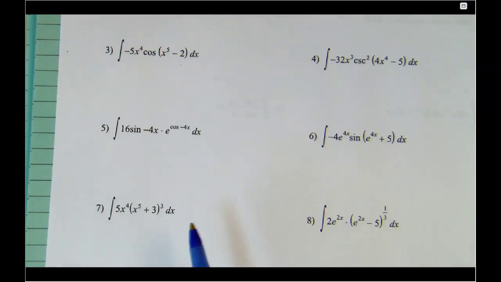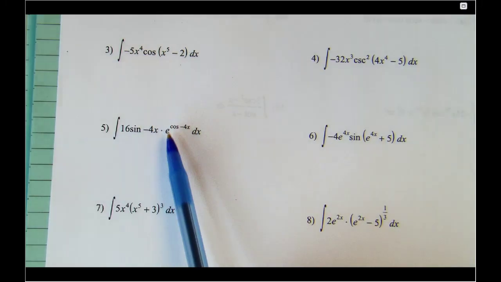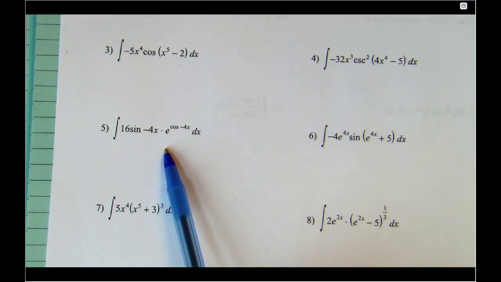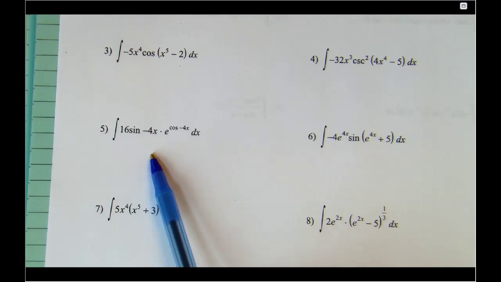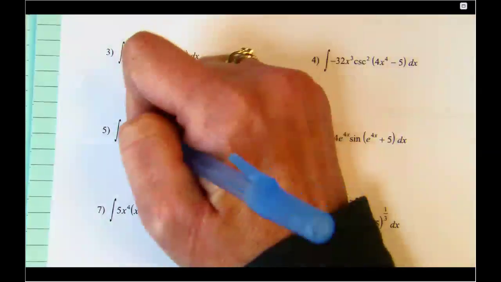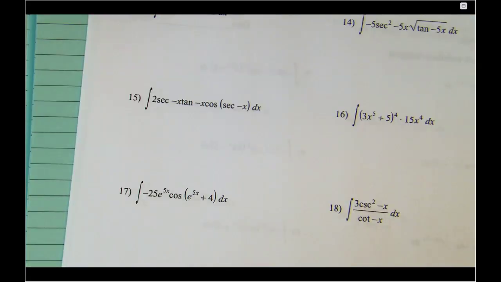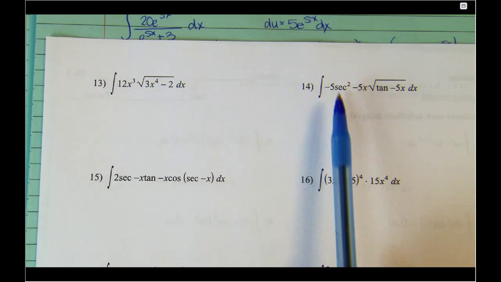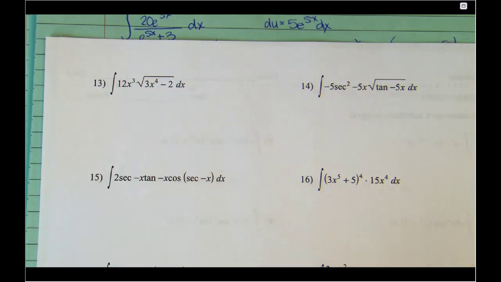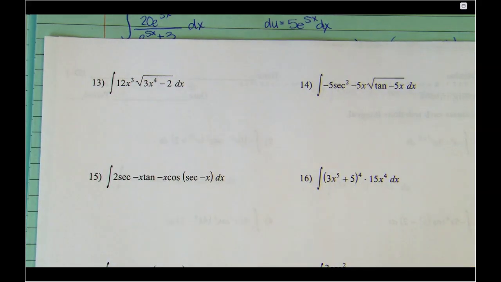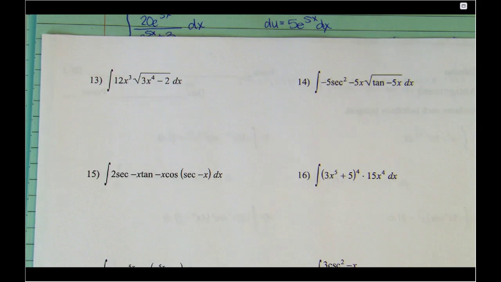Couple things. I printed this off on my worksheet generator. Look at number 5. I really don't like the way they do this. That's not sine minus 4, that is sine of negative 4x. If it was me, on a test for you, I absolutely would be putting that in there, but they did not put it in there. There's a couple of those. Flip the paper over. You see that again on 14, 15, and 18, the same issue with the negatives.